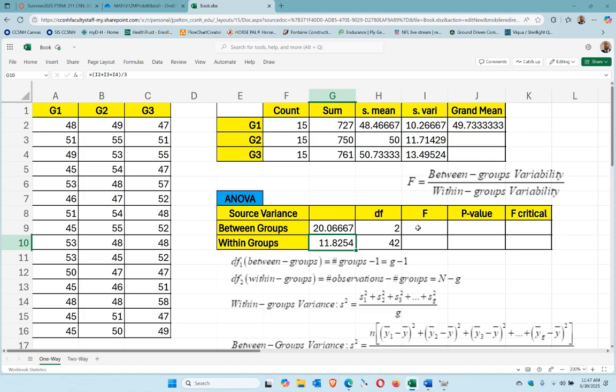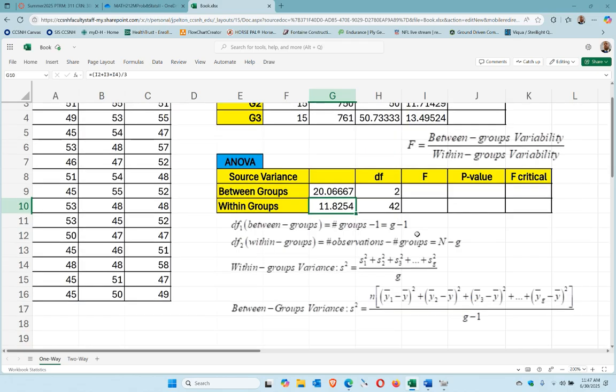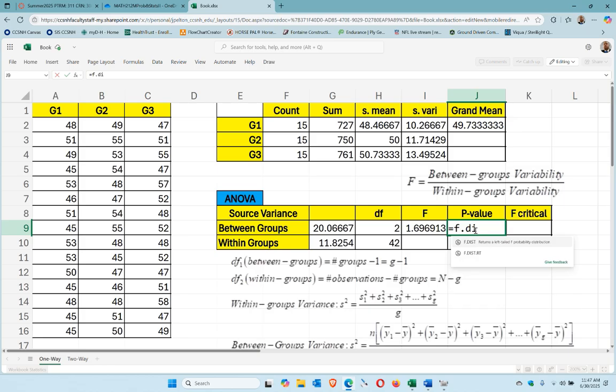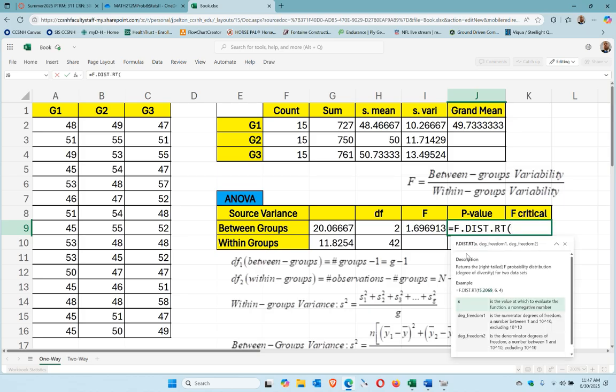Okay, so we need the F value. If you look at the F value formula, it's between group variability divided by within group variability, and there's our F value. The p-value is always a right-tail statistic in this, so F.DIST.RT.